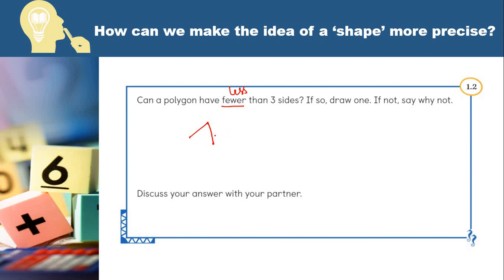Because it is not a closed figure. It is not a simple closed figure. So we cannot draw a polygon with less than 3 sides. We can construct a polygon using 3 or more sides.